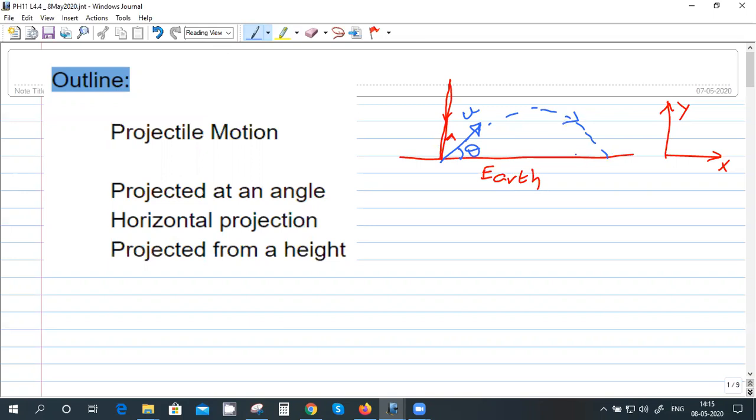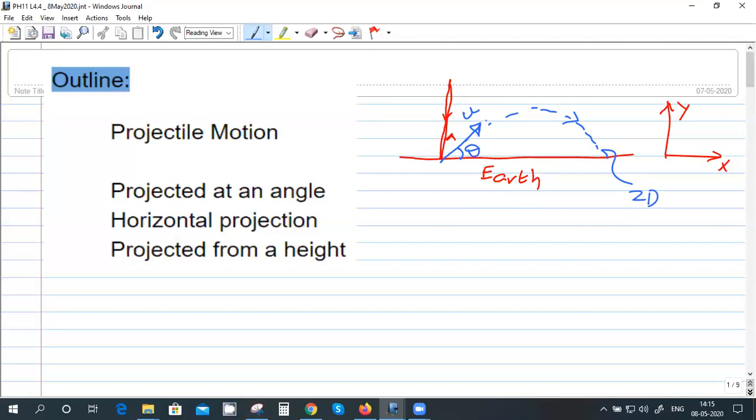So this motion, the blue line, is it 1D motion or 2D motion? This is 2D because both x and y are changing. In this vertically thrown case, x is constant. So this is a 2D motion.